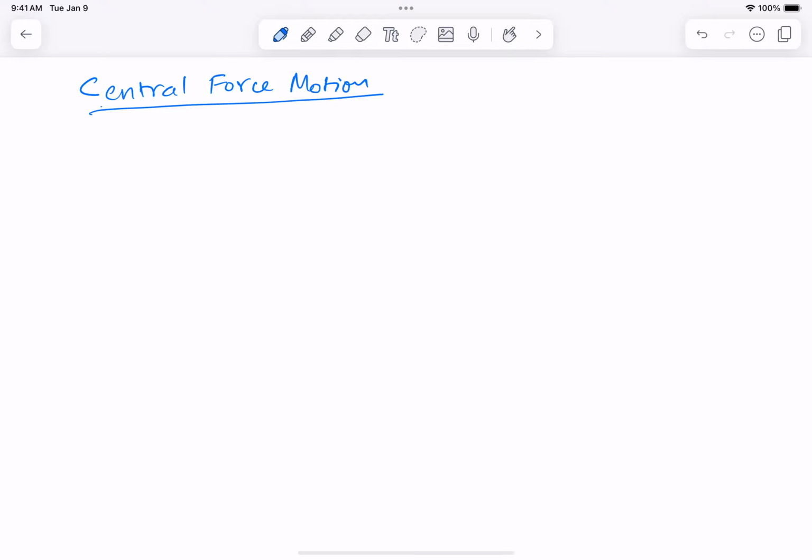So let's start. The main idea of central force motion is that, let's say we are studying some objects in three-dimensional space, and there are two objects. Let's call them M1 and M2. So these are the masses of the two objects, and let's say they are represented by these two vectors, which are vector R1 and R2.